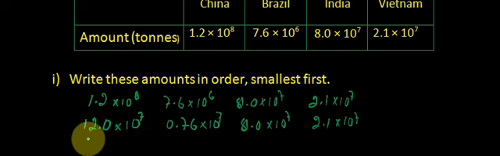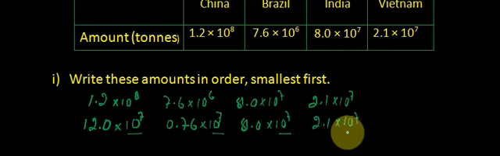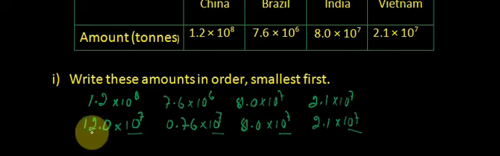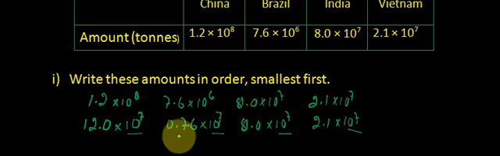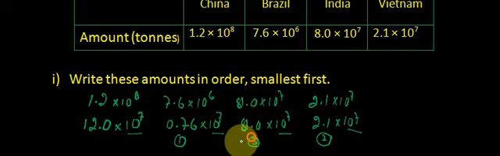First, 12. Now we leave the 10 to the power 7 because it is common, so we do not consider it. Now we consider the other numbers: 12, 0.76, 8 and 2.1. So the smallest is 0.76 and then 2.1. Further, 8 is third highest and the highest is 12.